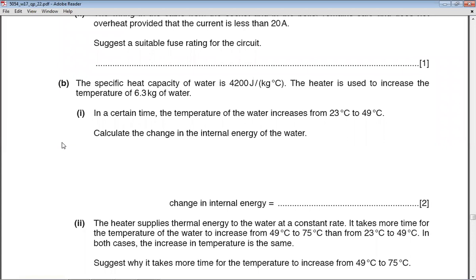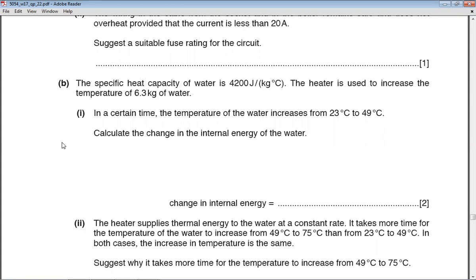Okay, because here change in the temperature is involved, and I always tell you to remember that when the change in the temperature is involved, the formula for the heat is mc delta theta. Heat equals mc delta theta, where m is the mass, c is the specific heat capacity, and delta theta means the change in the temperature.